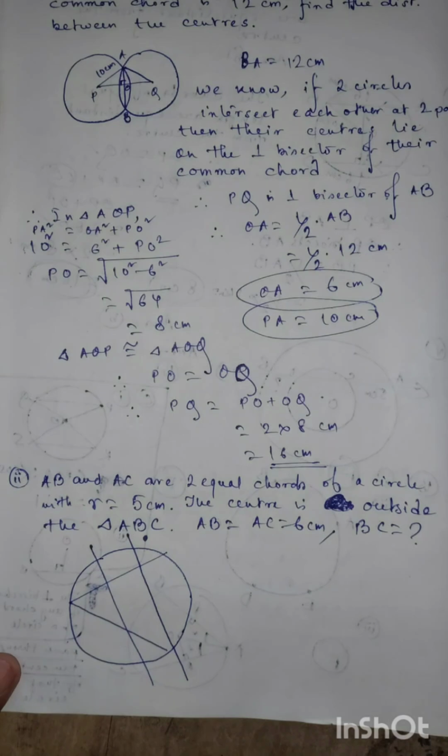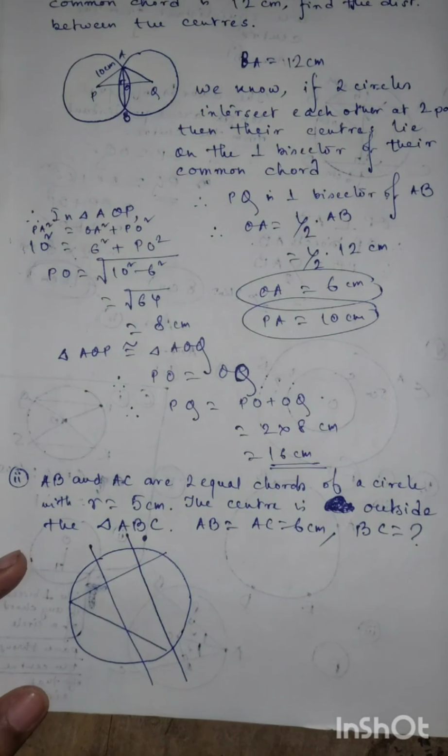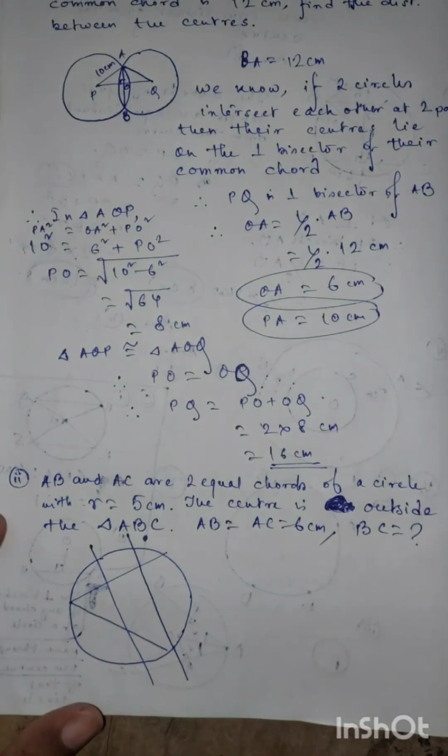Question number 2 says: AB and AC are two equal chords of a circle with radius 5 centimeters. The center is outside the triangle ABC. AB equal to AC equal to 6 centimeters. Then find BC.